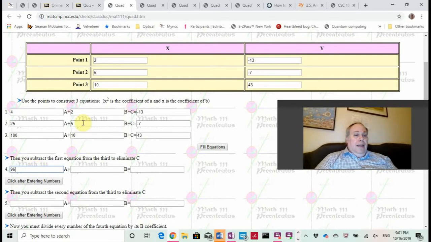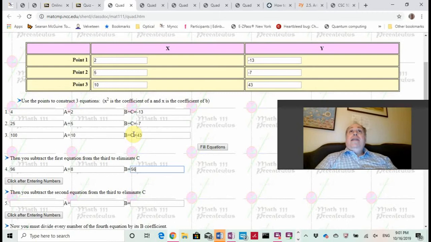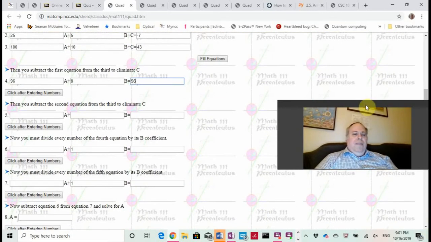I get 10 b's minus 2 b's, which gives us 8 b's. And 43 minus negative 13, a minus a minus is a plus, so that's going to give us 56. 96 a's plus 8 b's equals 56. And c minus c cancels out. No more c.